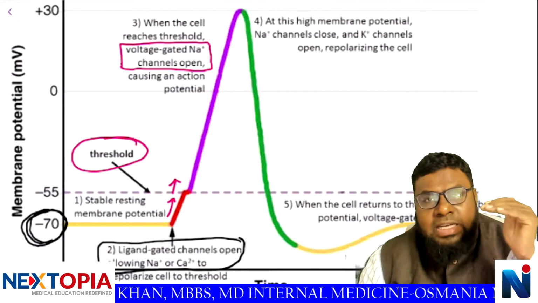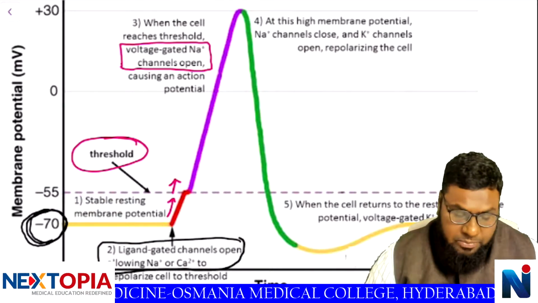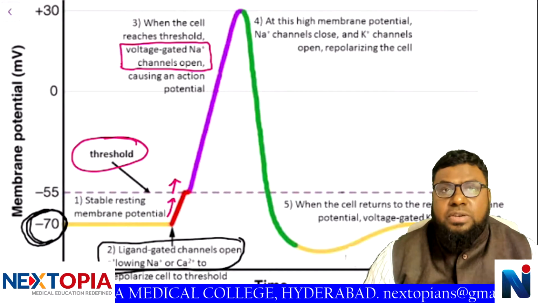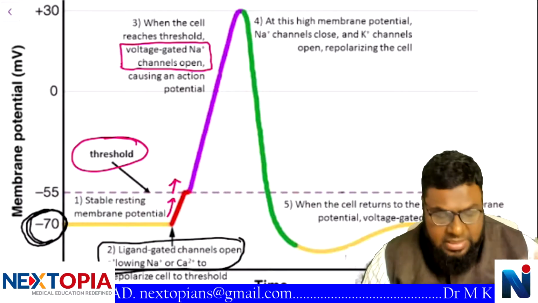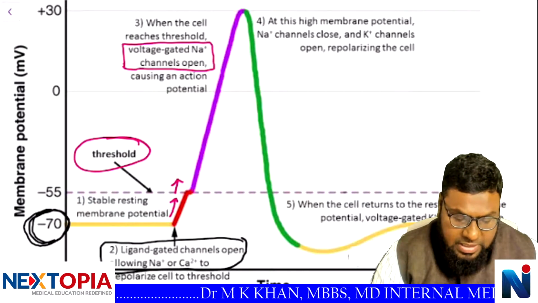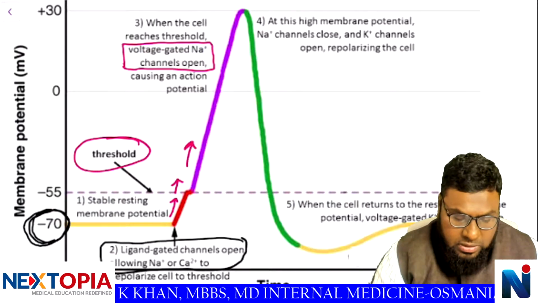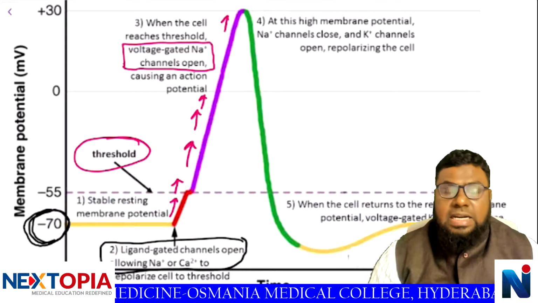Once the cell is at minus 55, suddenly the voltage gated sodium channels open, and that increases the positive charge inside the cell, causing an increase in the potential. From minus 55 it rises to 0, then from 0 it goes up to plus 30.